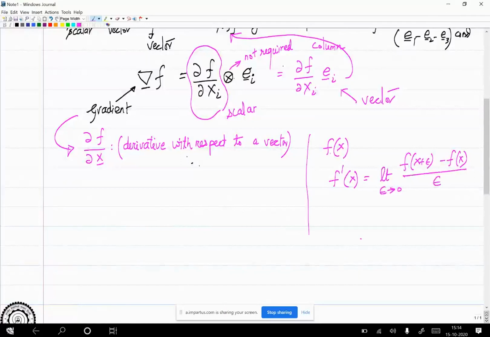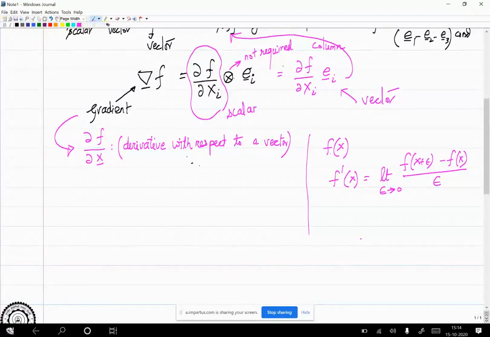Okay, this is the fundamental definition of the derivative. So we have to think of something like that when we are taking the derivative with respect to a vector.